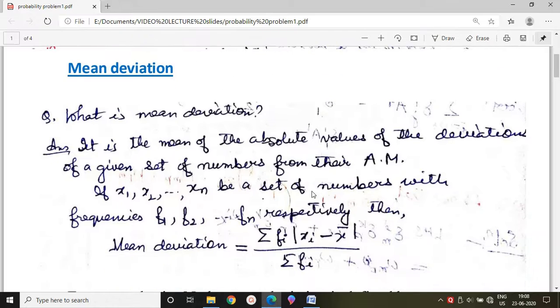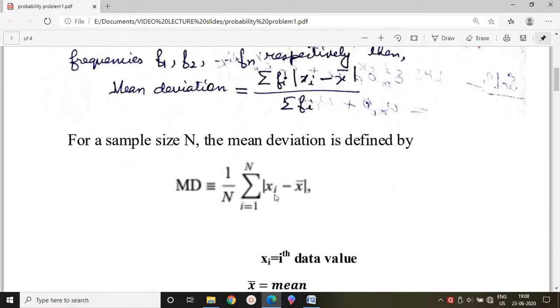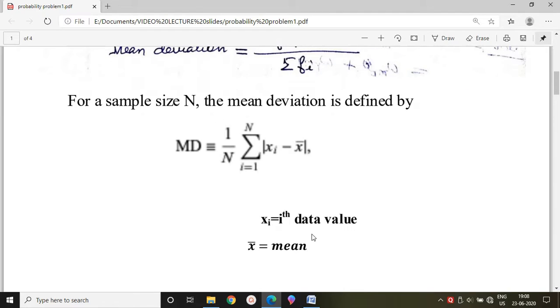Let us see how it is. Suppose xi is the ith data value for a system of capital N data values, that is x1, x2, x3 up to xN.